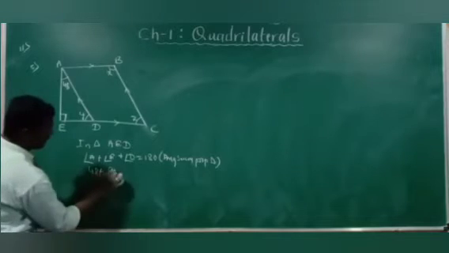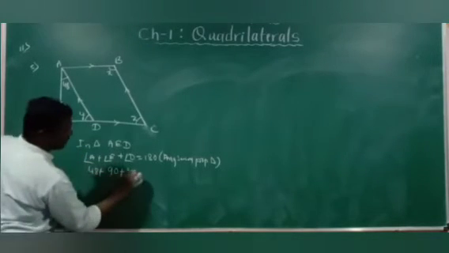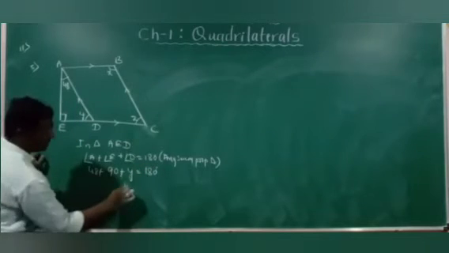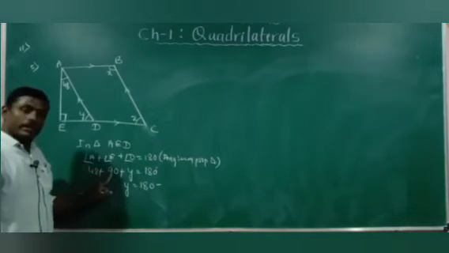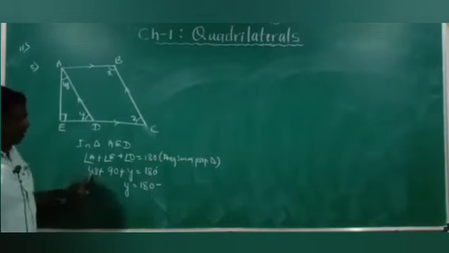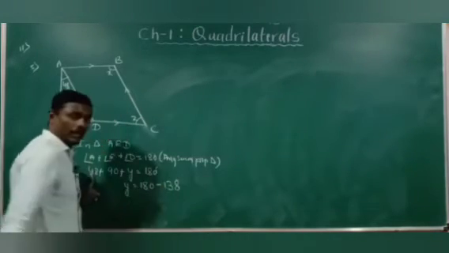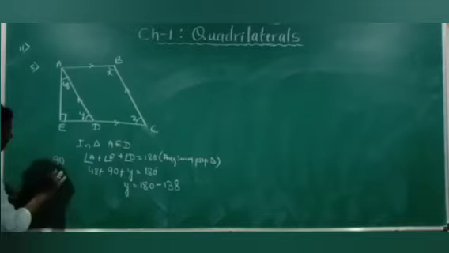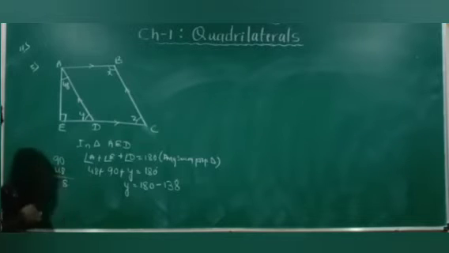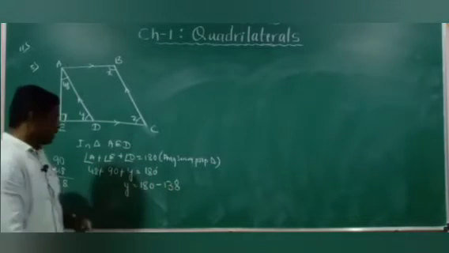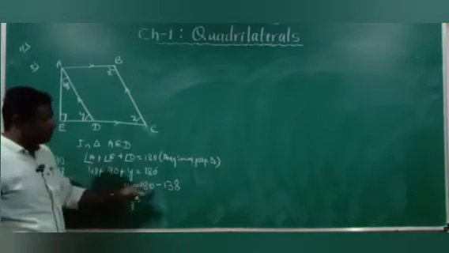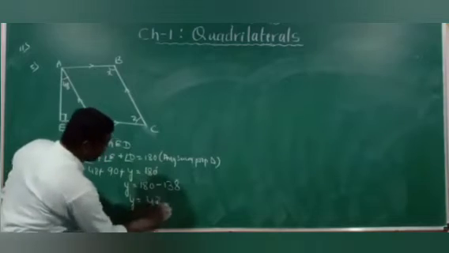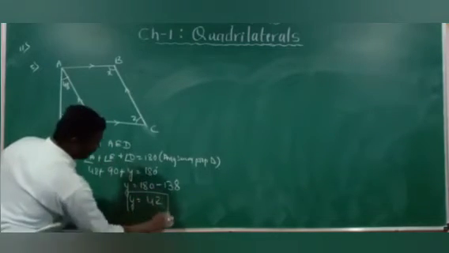Angle E is 90 degrees and D is Y. Now Y is equal to 180 minus (90 plus 48). 90 plus 48 is 138. Now Y is equal to 180 minus 138, which is 42.